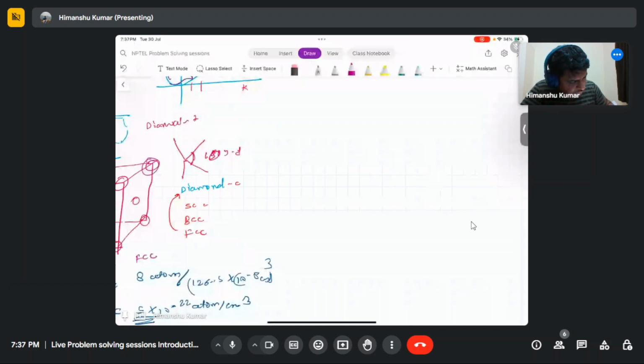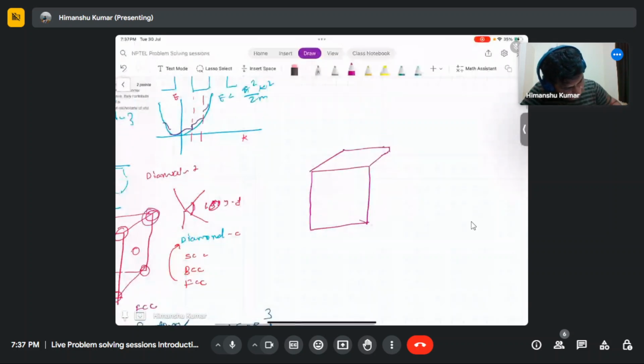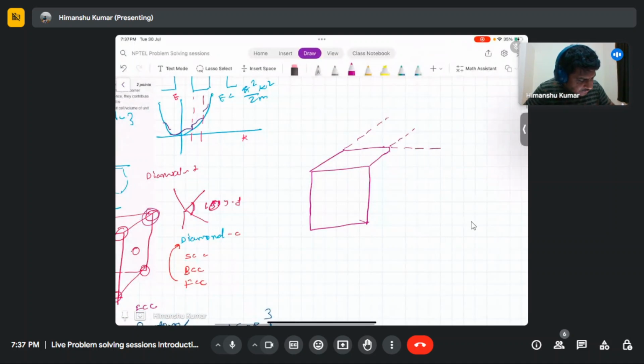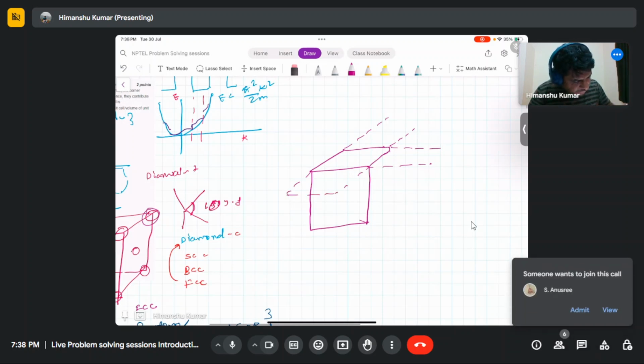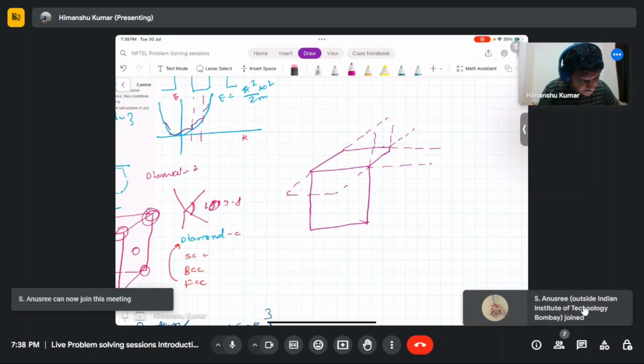I am just extending this crystal in the other direction also.